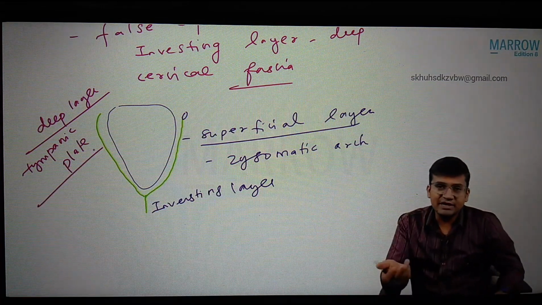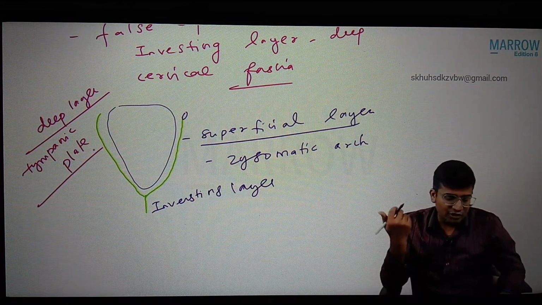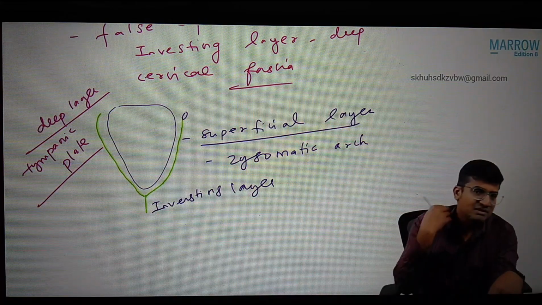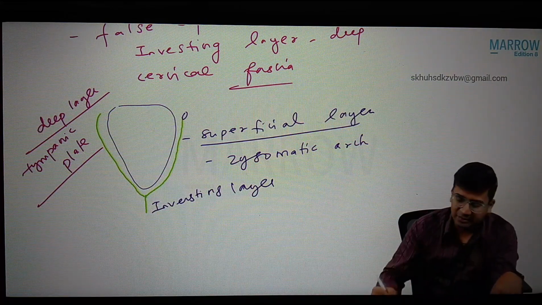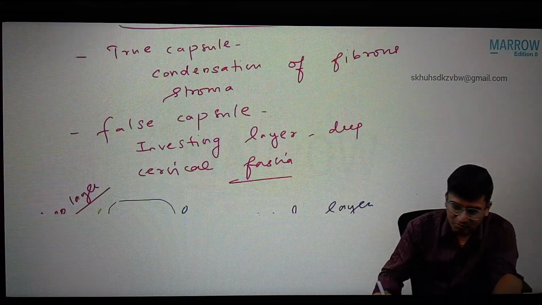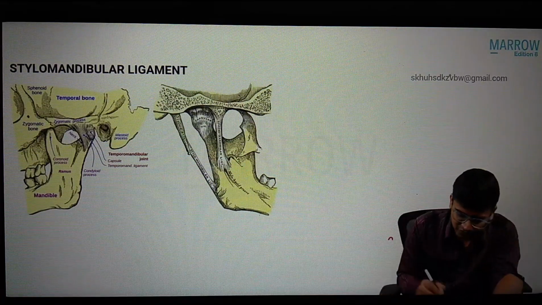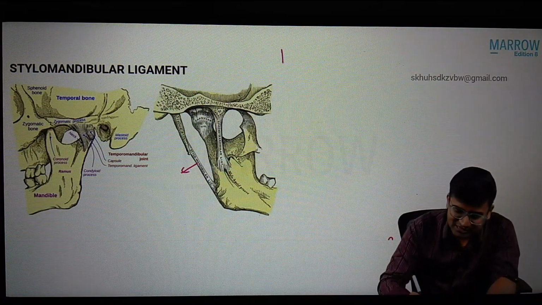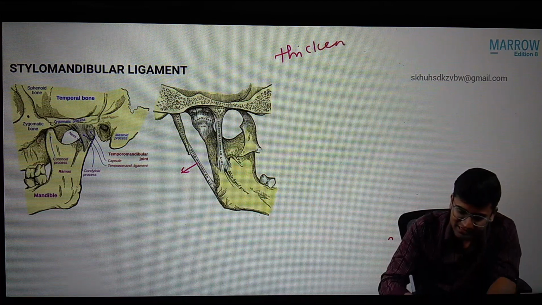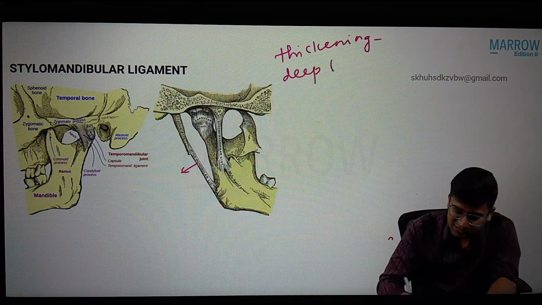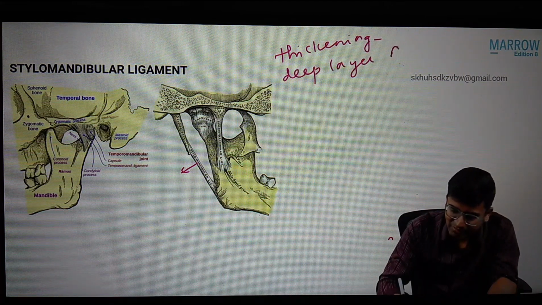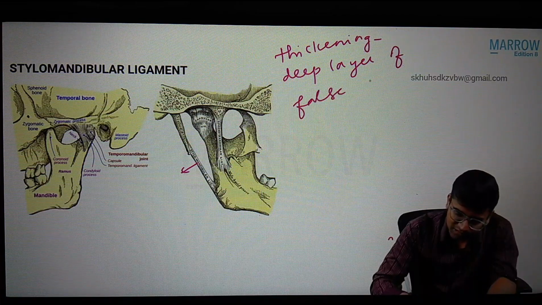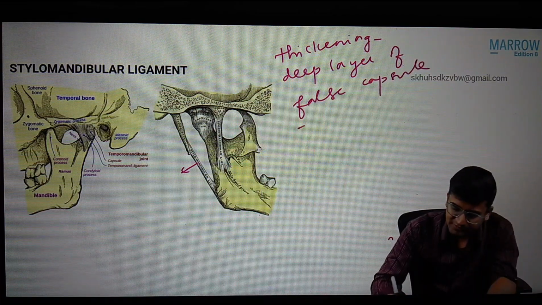Later, this deep layer thickens and forms one ligament. That ligament runs from the styloid process to the angle of mandible, and it is called the stylomandibular ligament. It is the thickening of the deep lamellae of the false capsule of the parotid.